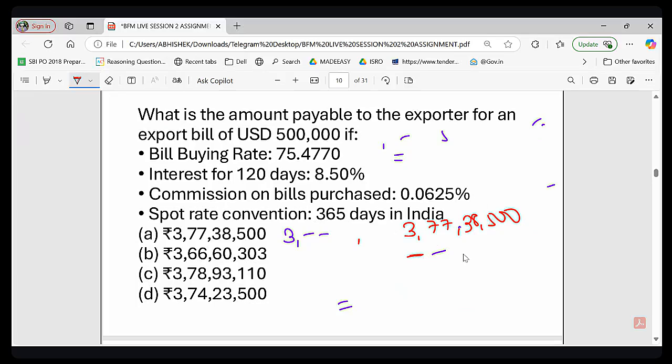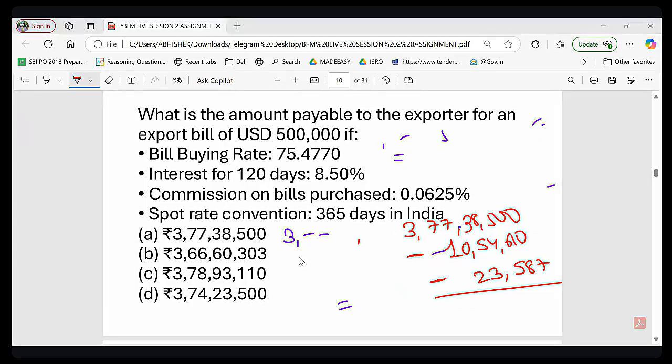Subtract the interest, which is 10 lakh 54,610, and then deduct the commission, which is 23,587, right? So what is the final amount? Just do the calculation. What final amount are you getting?